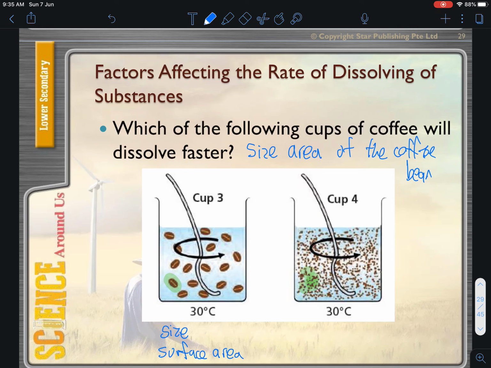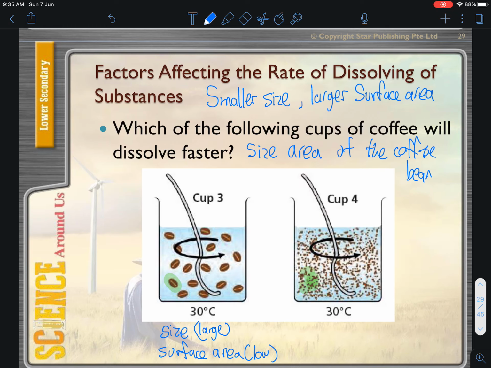So when you write your answer, please be very clear: are you talking about size or are you talking about surface area? In cup 3, the size is very large, but the surface area is low.